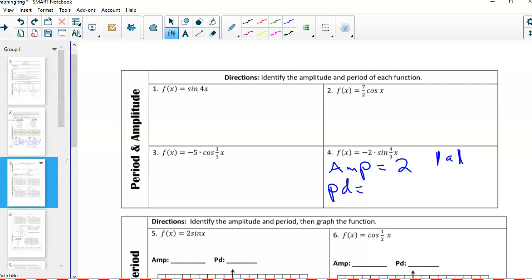So to find that new b, you would do 2 pi over that number. Now this one happens to be a fraction within a fraction, so you need to multiply by its reciprocal. So that means instead of going the full 2 pi, it's only going to go to 3 pi over 2 and then repeat itself again. So it's been horizontally compressed.